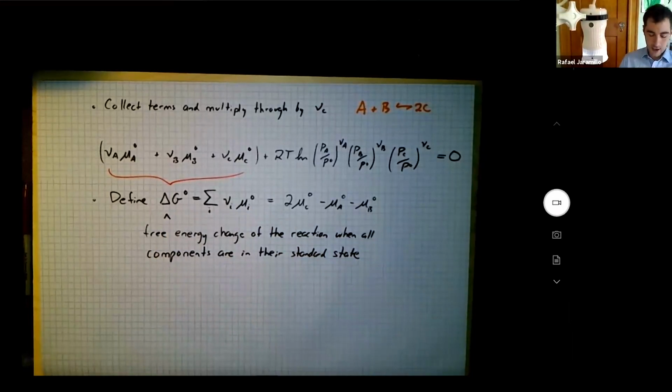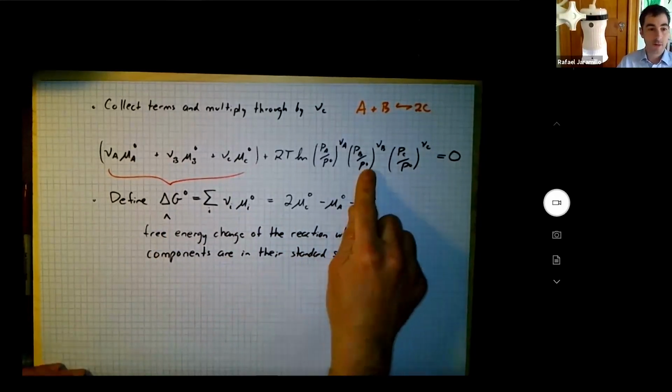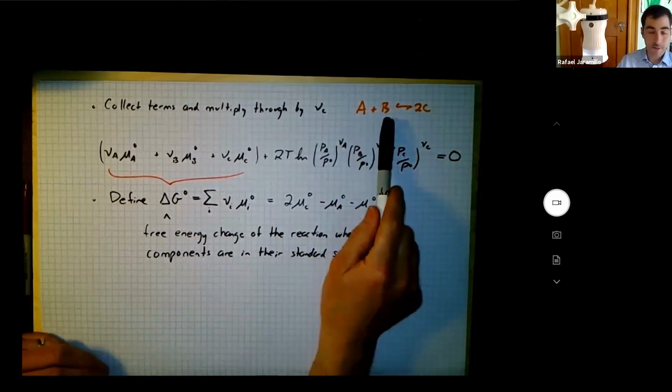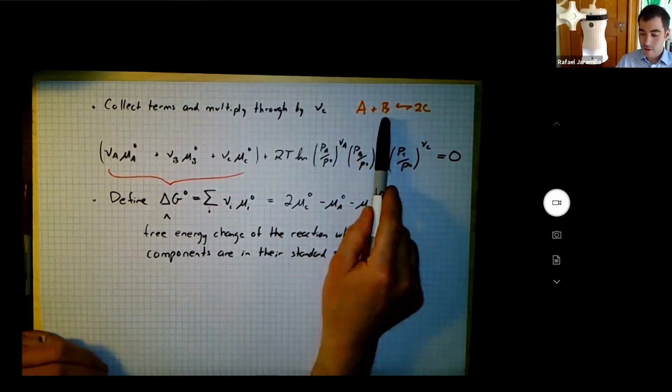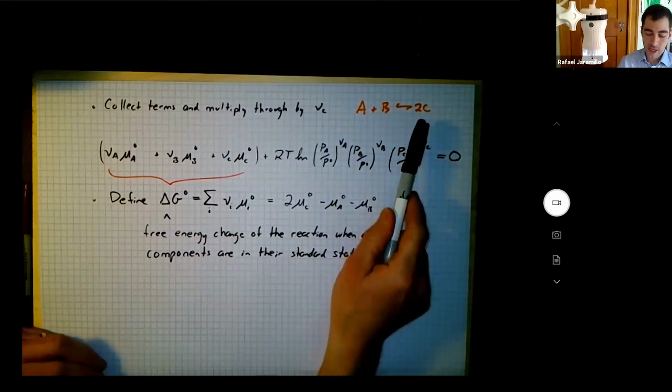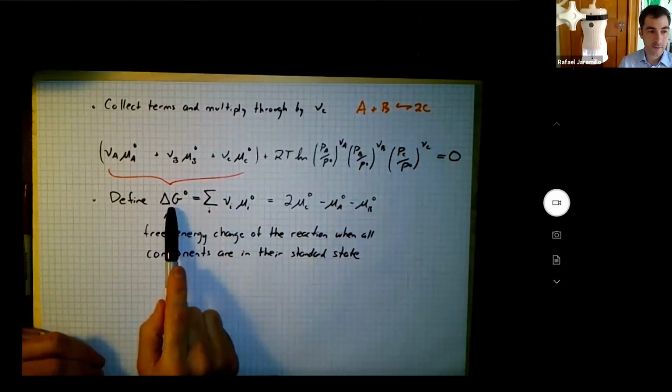So for instance, if we assume that our standard pressure is 1 atmosphere, if you take 1 atmosphere of A and you react it with 1 atmosphere of B, and you produce C, where C is also 1 atmosphere, the change in Gibbs free energy is this delta G naught.